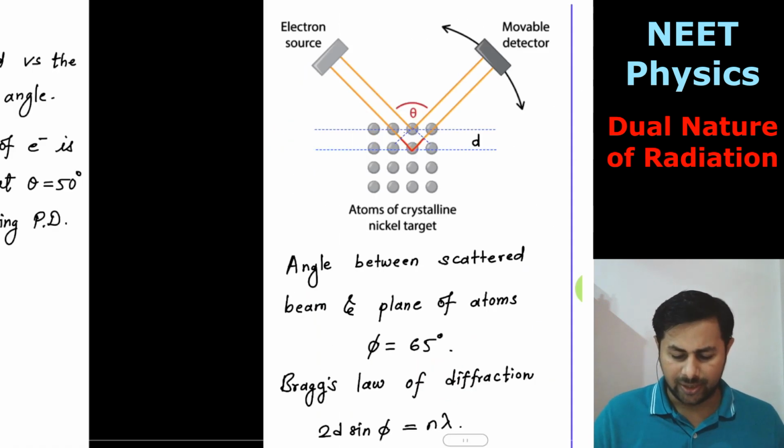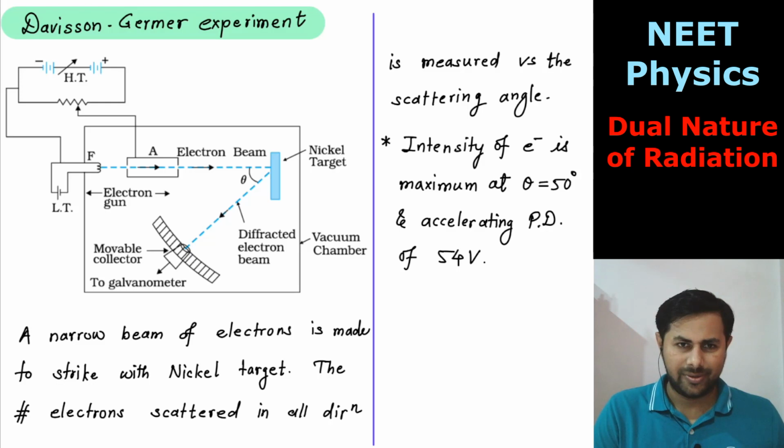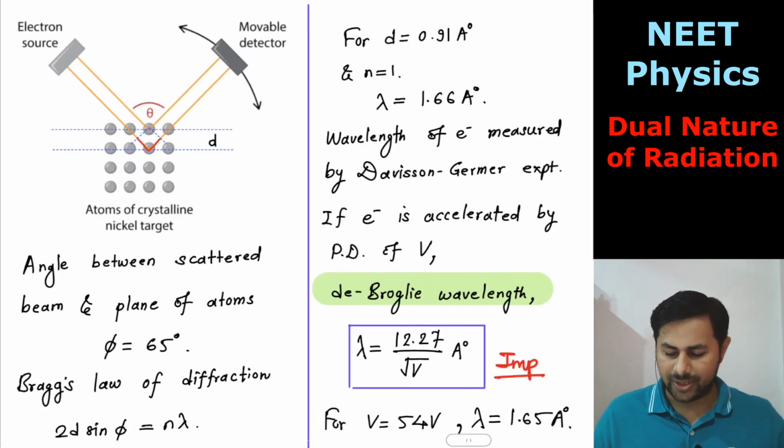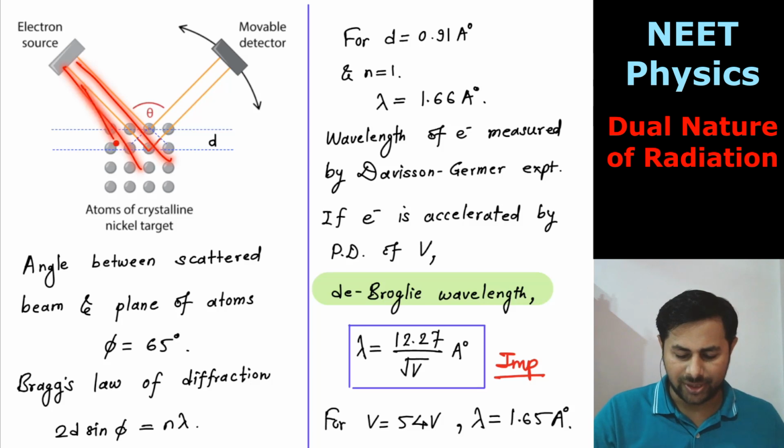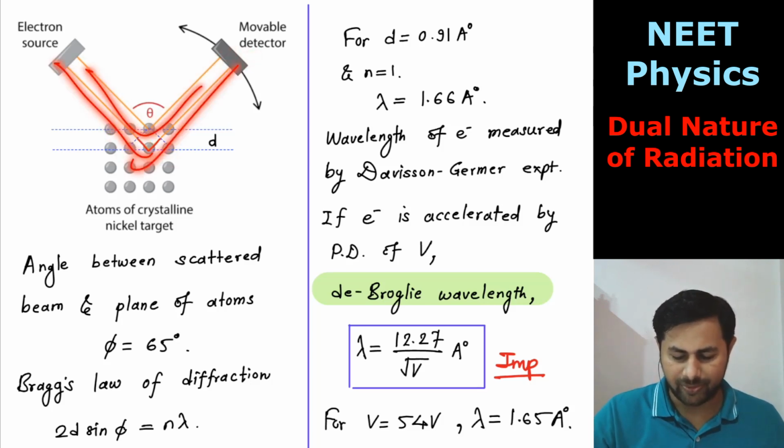And by the way, there was an experiment called the Davisson-Germer experiment, which confirmed the dual nature of matter. In this experiment, suppose these are electrons coming this way, and they get reflected from different planes.